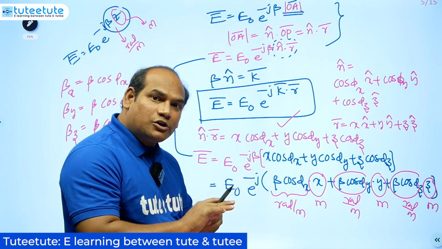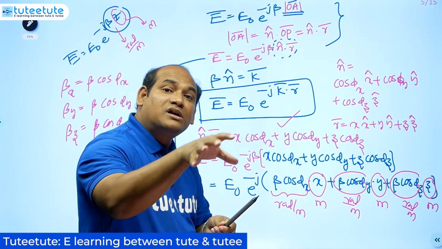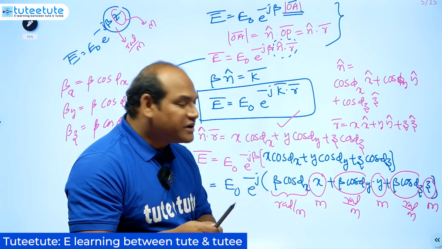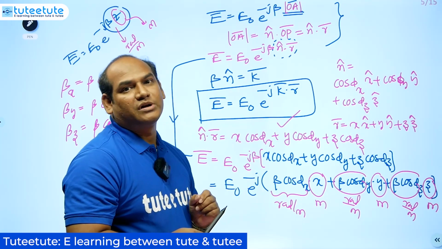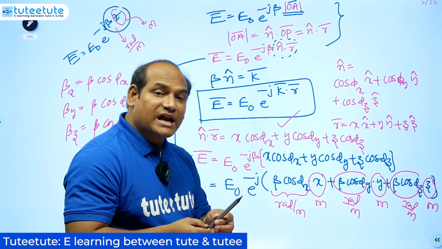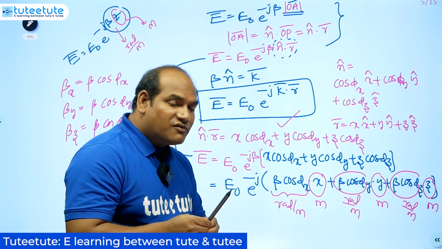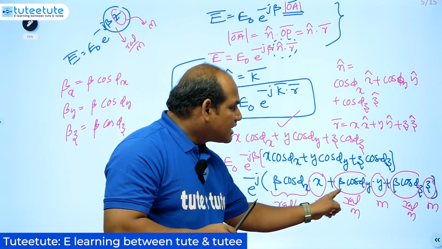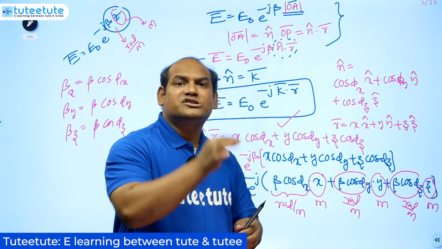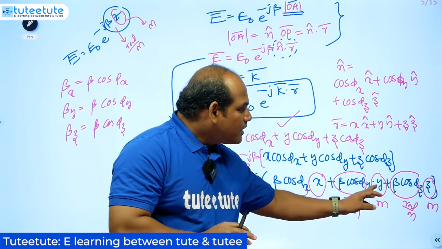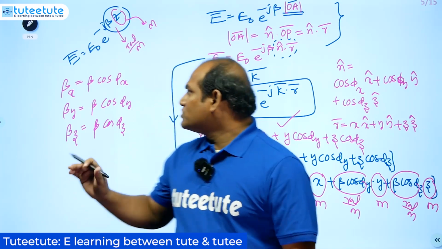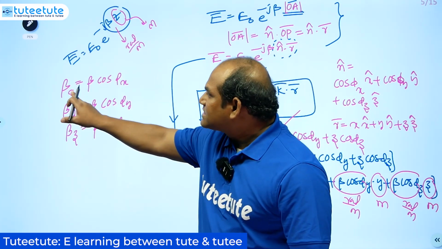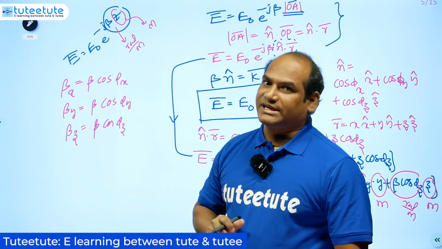Related to x direction, if you want the phase constant, you have to take beta cos phi x, not simply beta. Along the y direction, you have to take beta cos phi y. Along z direction, the phase constant is given by beta cos phi z. Those things only I have given, related to x, related to y, related to z.